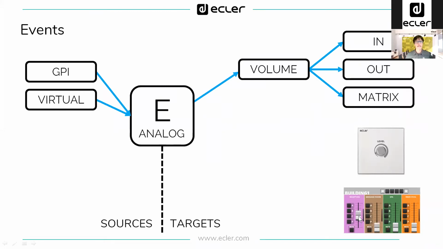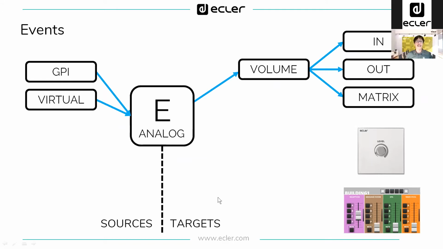Why are they analog? They are analog because they have the whole range of values between 0 and 100. So you have 67, 43. That's why it's an analog event.